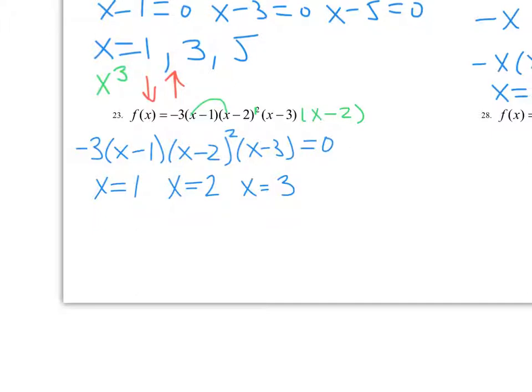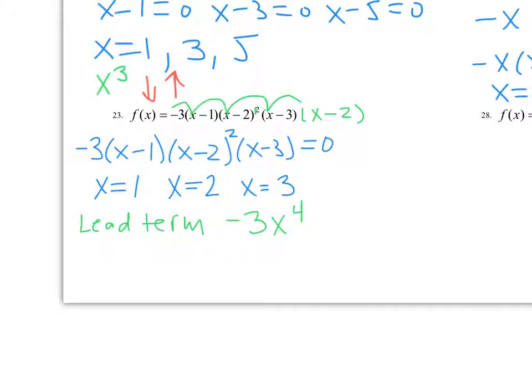So I have x times x times x times x. So that's 4 x's. And that's all multiplied by a negative 3. So the leading term is equal to negative 3 x to the 4th.